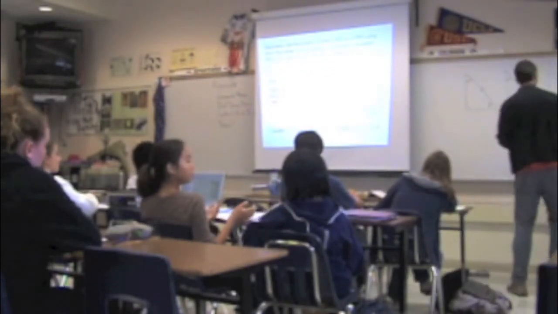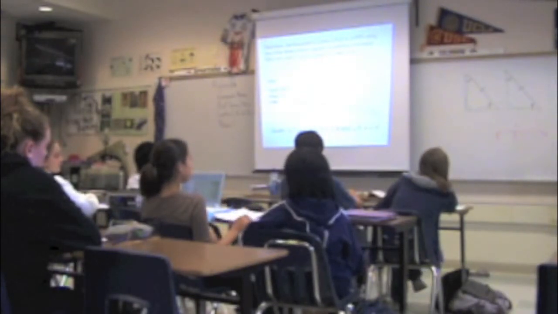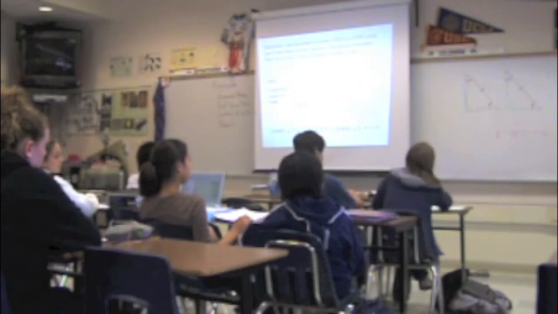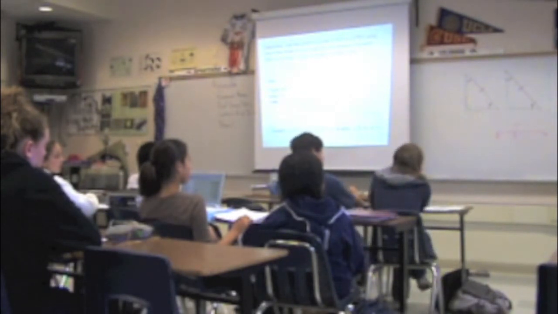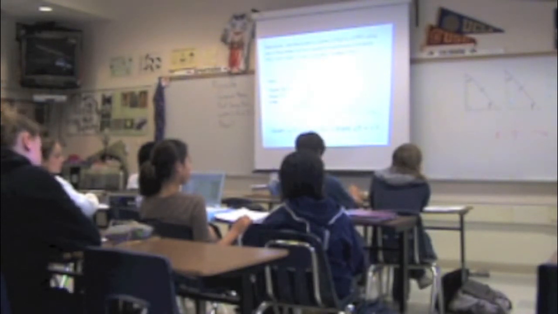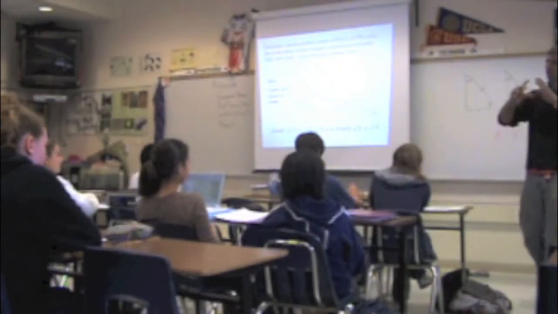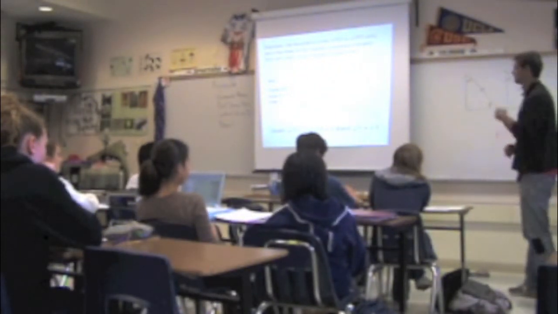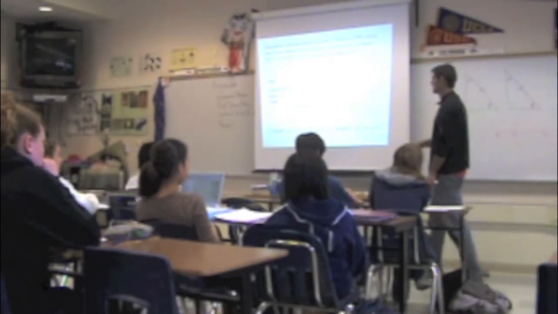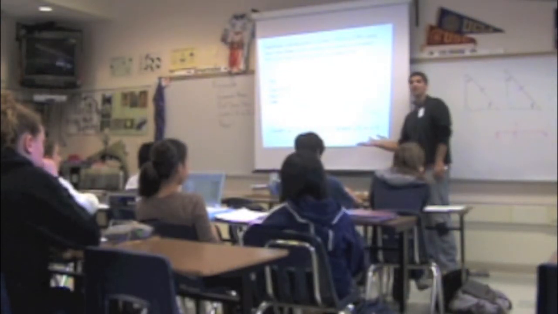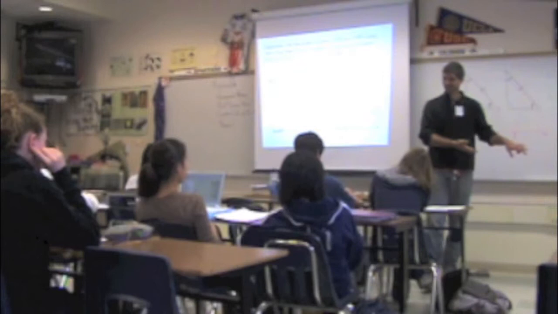So if I have 2 triangles that have the same 3 angles, these 2 triangles are similar. This angle is congruent to this, this is congruent to this, and this is congruent to this. But you can tell at a glance they're not congruent triangles, they've been sized up and down. So again, trick question. Just because you have more information than you need doesn't mean the answer is different.